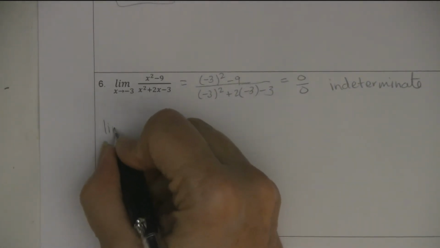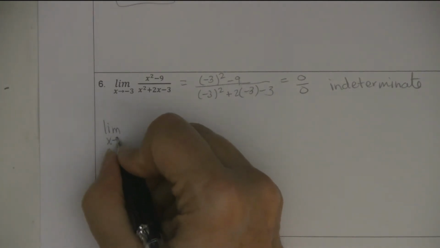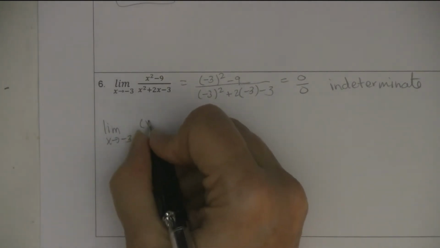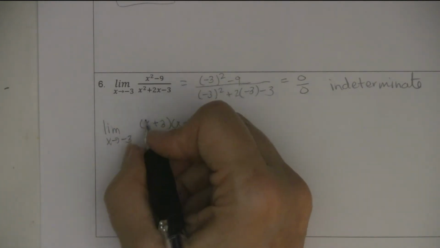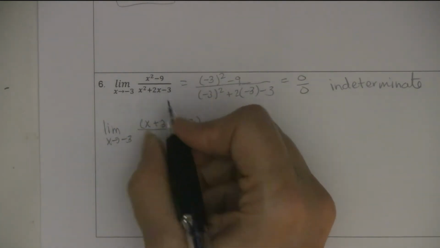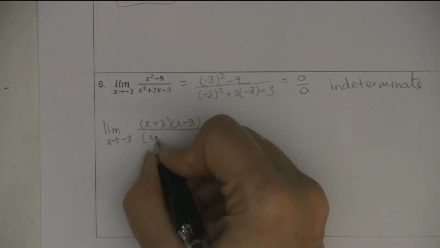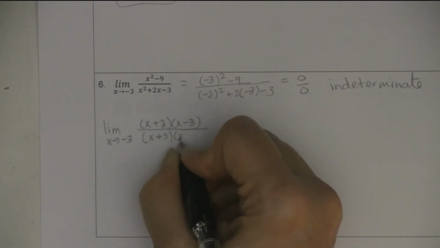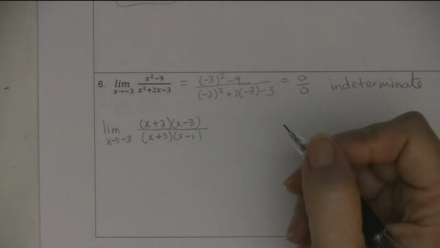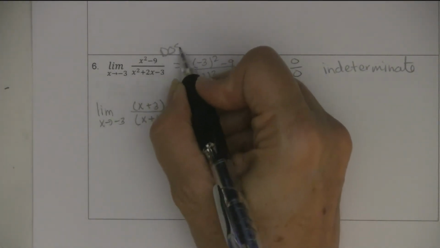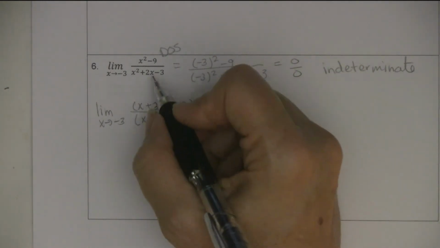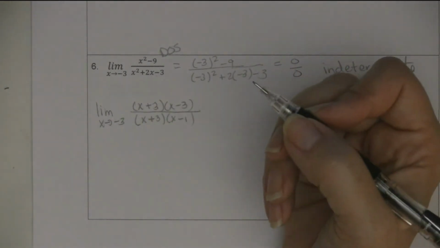So when I give this thing a factor, x plus 3 times x minus 3. The numerator is a difference of squares, and the denominator is x plus 3, x minus 1. And I don't care how you factor it. I use here a difference of squares formula. I guess it's a formula. And down here, I use unfoil.